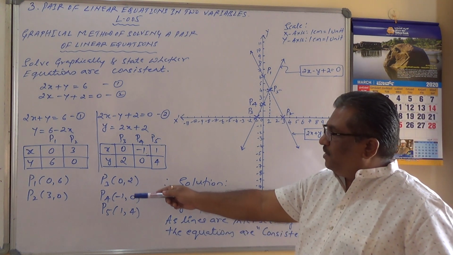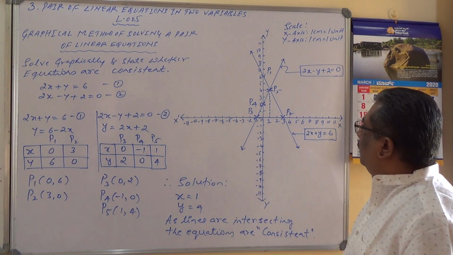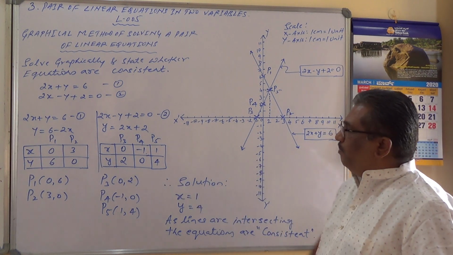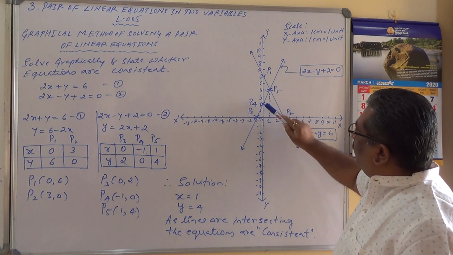Let us plot the points P3, P4, P5 for the second equation. P3 is (0, 2): x coordinate 0, y coordinate 2, this point.